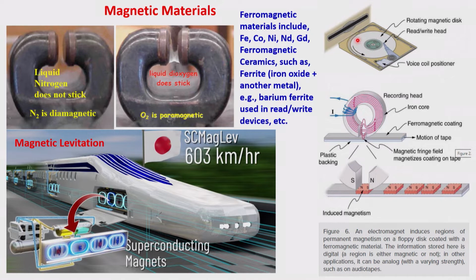Now please draw your attention onto this slide. You can see the magnetic disc that you have, and a tip which is the reader tip. The reader tip will have a coil of this kind, and this plate will have a ferromagnetic coating. Below that you can have any non-conducting material, for example a plastic plate with a ferromagnetic tape, a ferromagnetic layer.